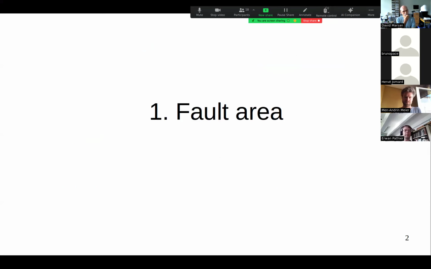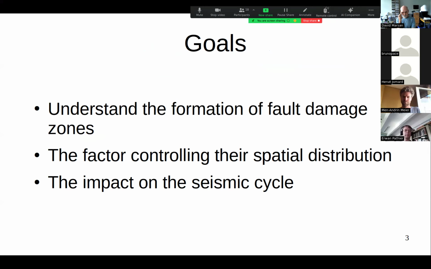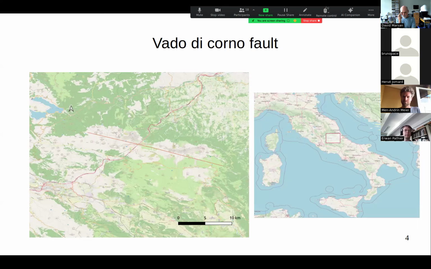So I'm going to show you the simulation I ran when I was in Munich. I'm working on the fault Vado di Corno, which is in Italy, here in Central Apennines near L'Aquila city. Rome is here and L'Aquila town is here.